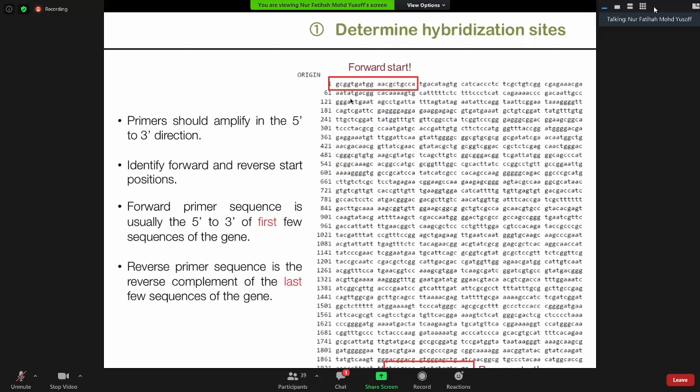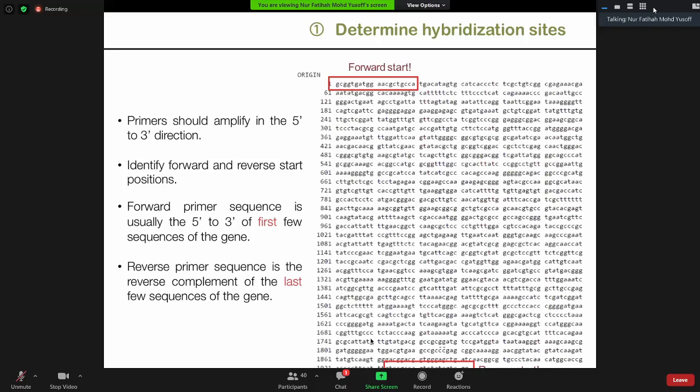Now we start by choosing the position. In this case, we want to design the primer and amplify the template from end to end, so we target from here until the end. Can you design the primer from 301 until here, for example? Can you do so, Maizatun? Let's say you design the forward primer here and the reverse primer here.